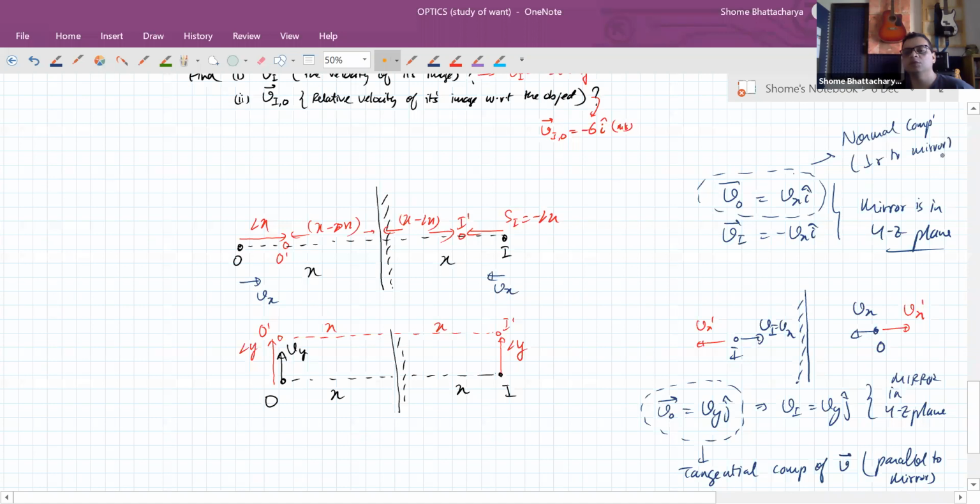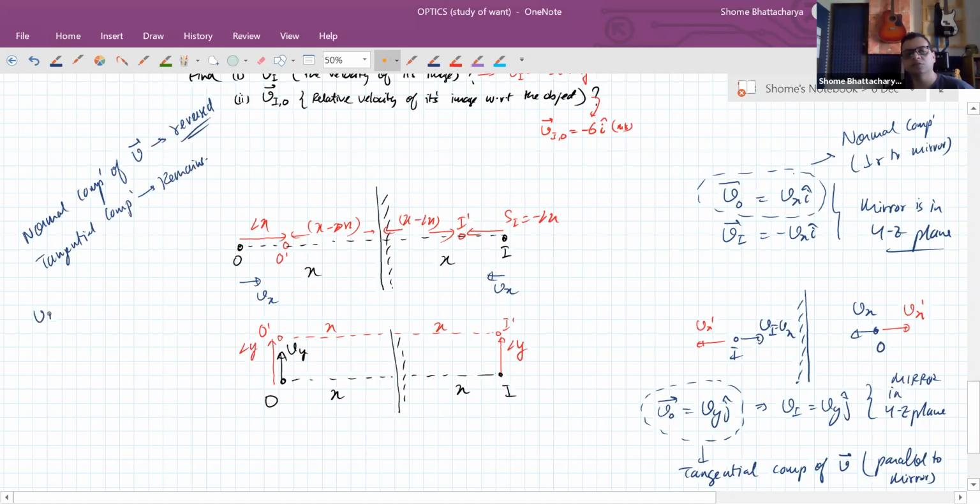So whenever we have a normal component, it gets reversed in direction. So the normal component of velocity gets reversed, whereas the tangential component remains the same.